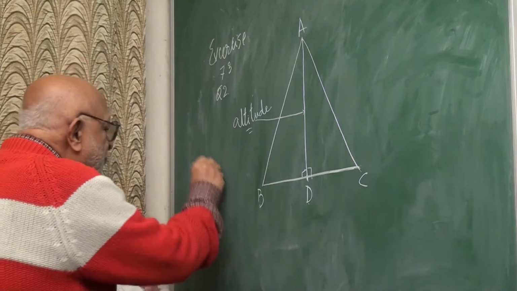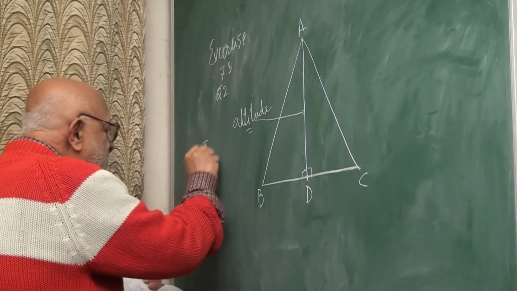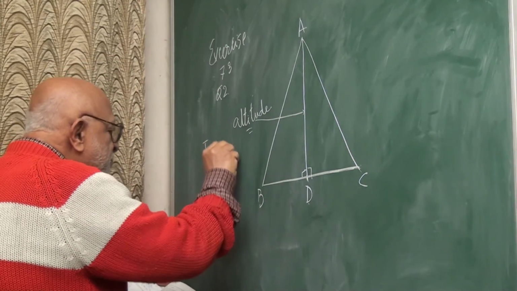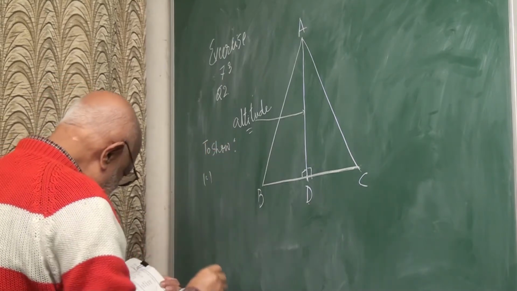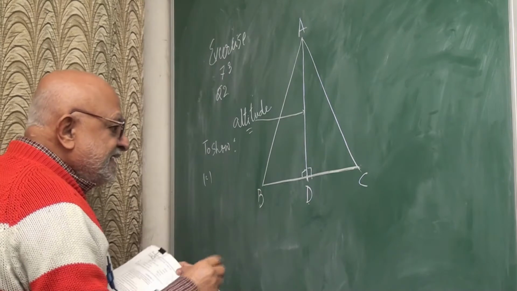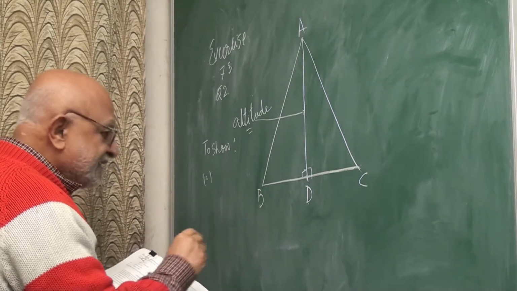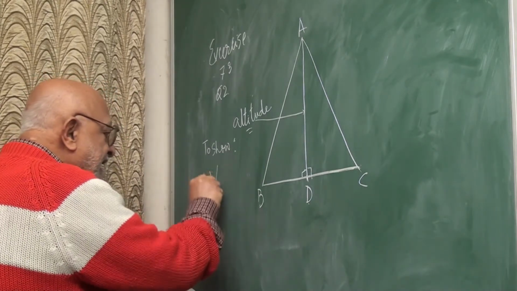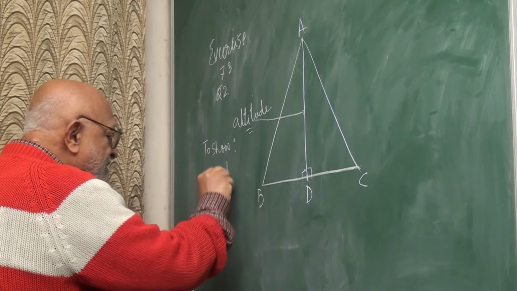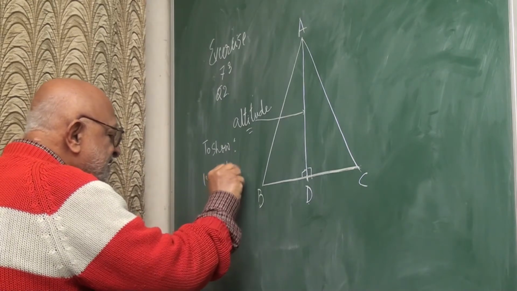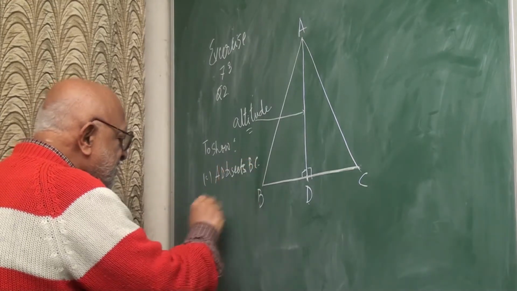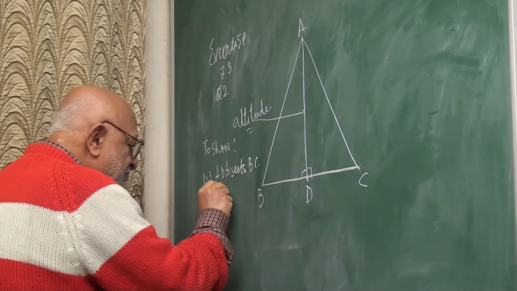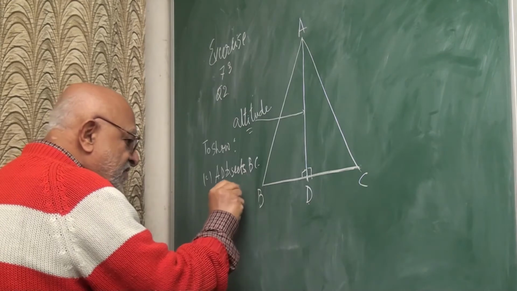So to prove, let us say to show what? 1, AD bisects BC. That is BD is equal to CD.